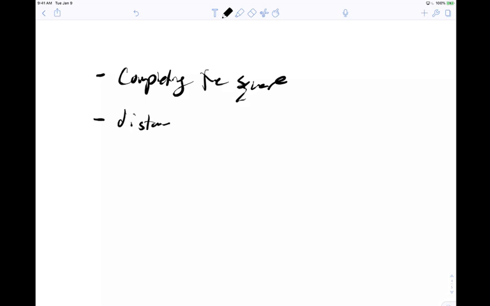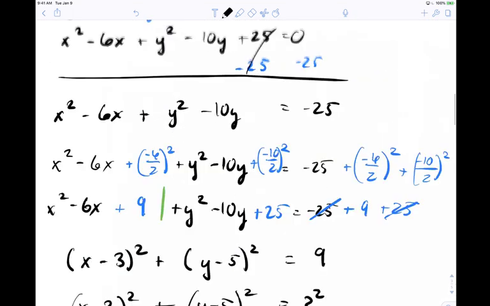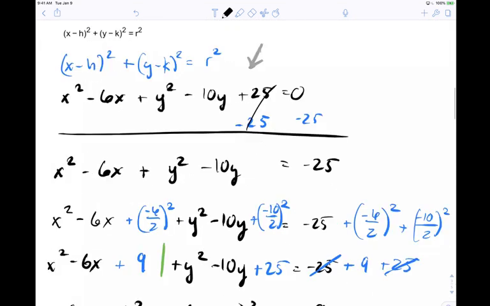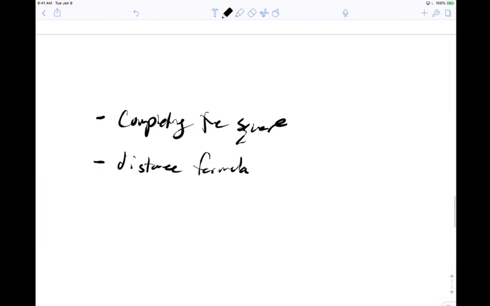So other pieces of information that were pertinent. Notice we did completing the square. We did the distance formula between 2 points. What else did we do? Those are the highlights. We did graphing.